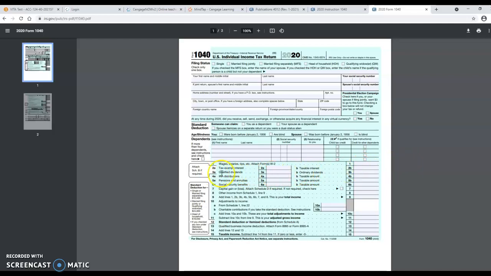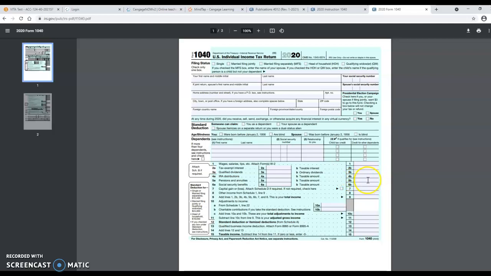And line 3, qualified dividends go on 3A. Ordinary dividends that are taxable go on line 3B. So that Social Security worksheet is, once you have those numbers, it's asking you to fill that out. Here's the pension. 5A goes whatever's in box 1 of the 1099-R, and the taxable amount goes on line 5B.